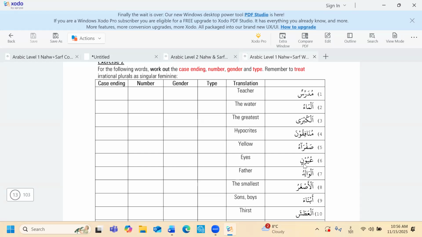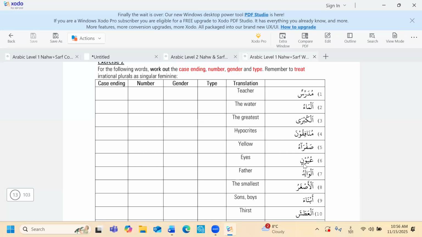Okay, عيون. So let's do the case ending first. عيون, the case ending would be jar, because of the in ending, right? Just like Muslimin, عيون.